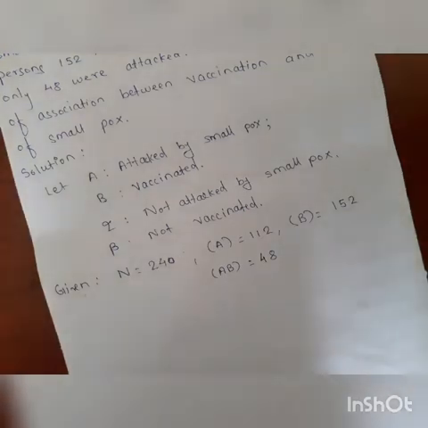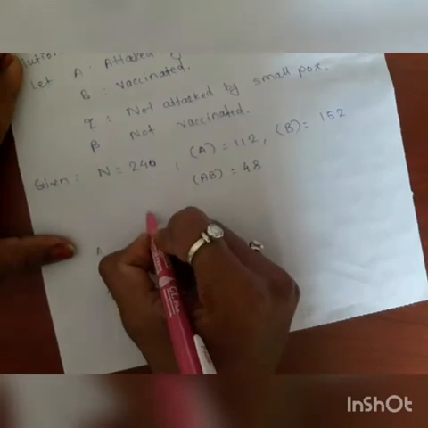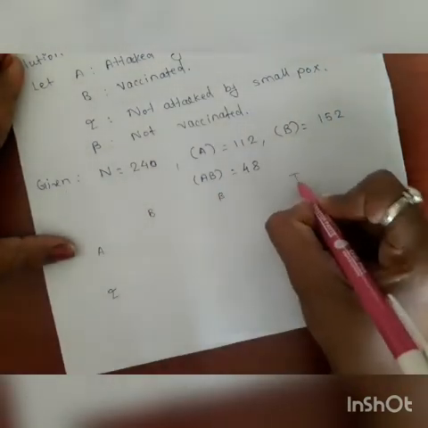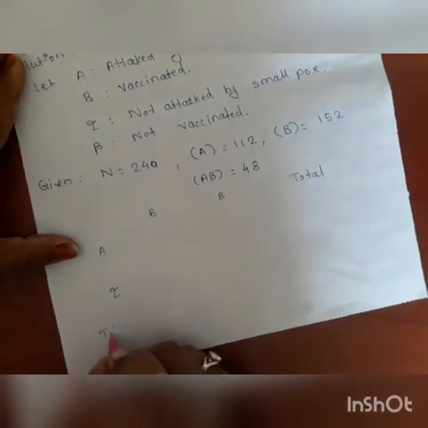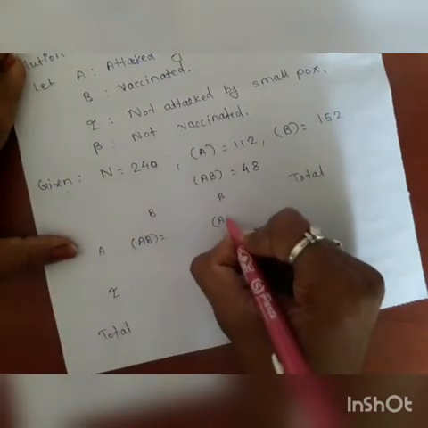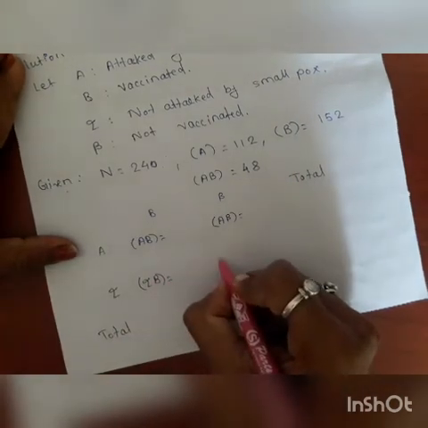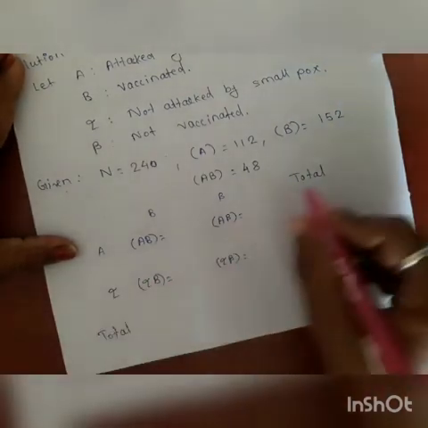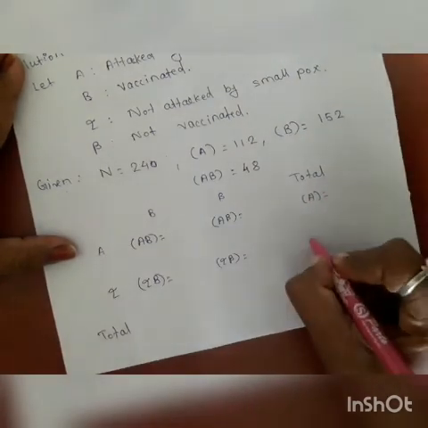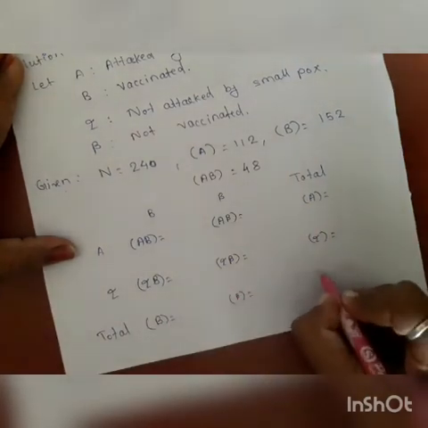To find the coefficient of association, we must find the remaining frequencies. Then write down the table with columns A, α and rows B, β, and total: (AB), (Aβ), (αB), (αβ), (A), (α), (B), (β), and the total line.